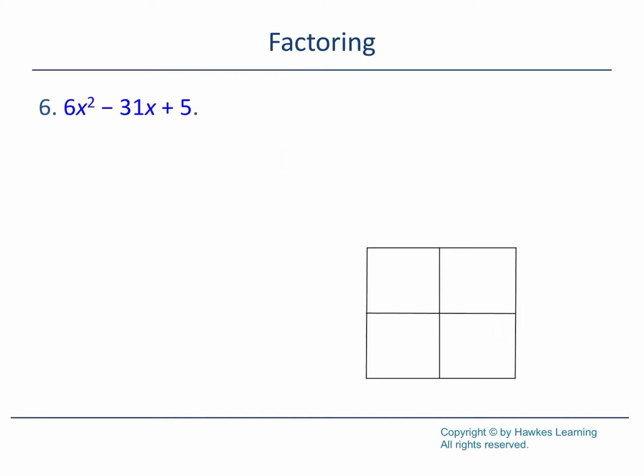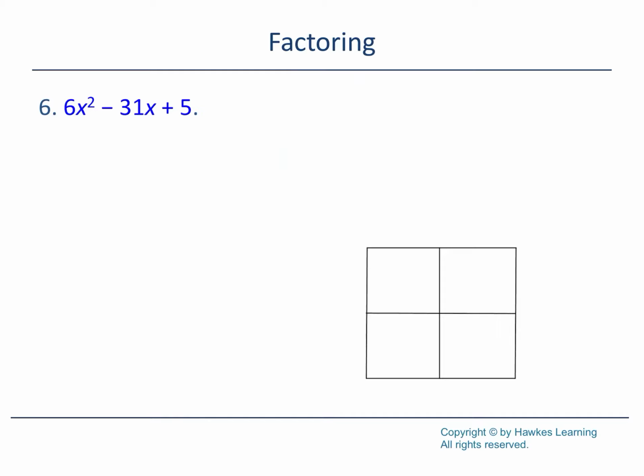Okay, here's another one. Pause the video so you can try this out. Check for a greatest common factor, and then see if you can factor it. All right, hopefully you found that there is no greatest common factor. There's nothing that goes into 6 that also goes into 5.